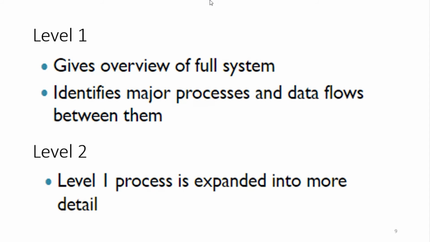Starting with this level 1 diagram, the level 1 gives the overview of our full system, and it identifies the major processes and data flows between them. As I told you earlier, the level 1, the high level DFDs are nothing but just to represent the functionalities of our system in detail.